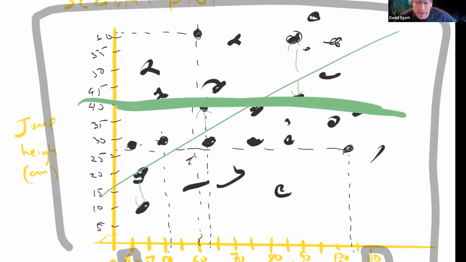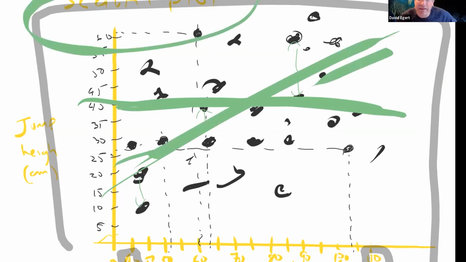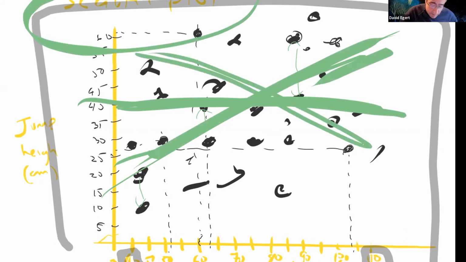So if you have two variables that are continuous like this, and I want to see, does there seem to be a relationship? Just make a scatter plot and then draw a trend line to see if there's some relationship, and does that support your hypothesis or not? So does that make sense?